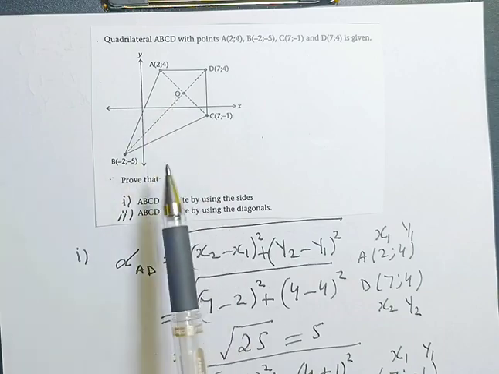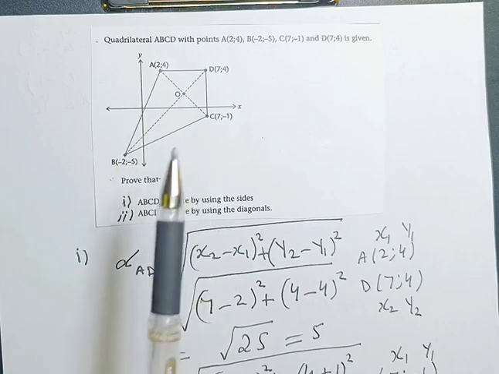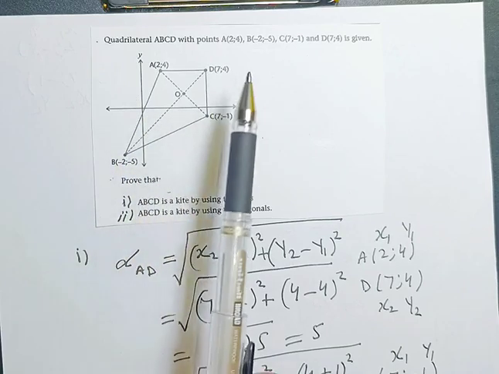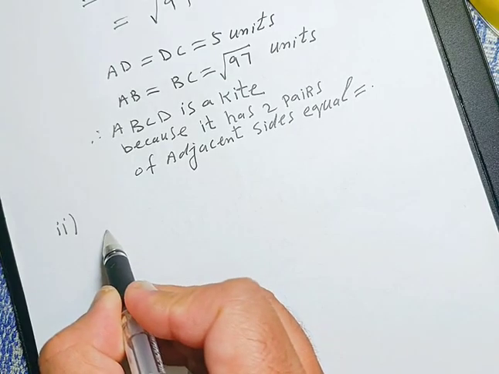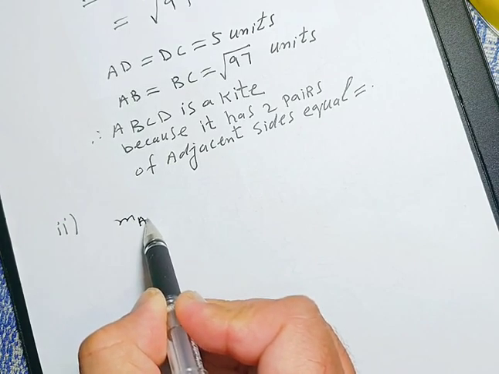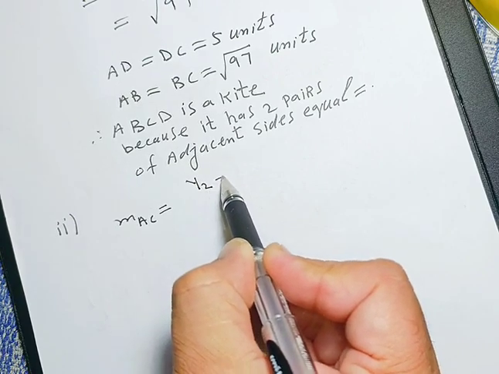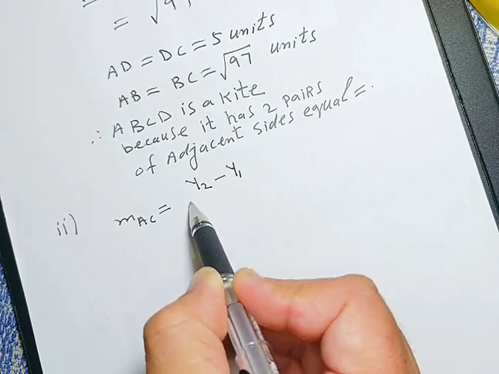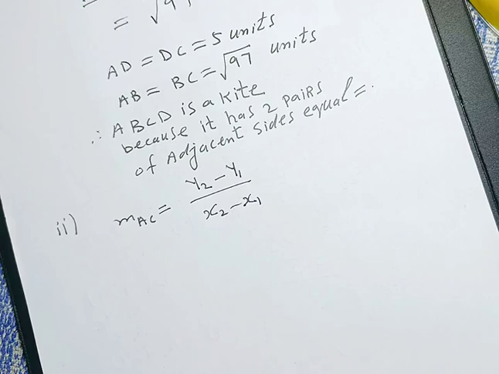First of all, we need to prove that AC is perpendicular to BD, and I will show you after that what to do. First, I need to take the gradient of AC, and I'm going to apply the gradient formula, y2 minus y1 over x2 minus x1.